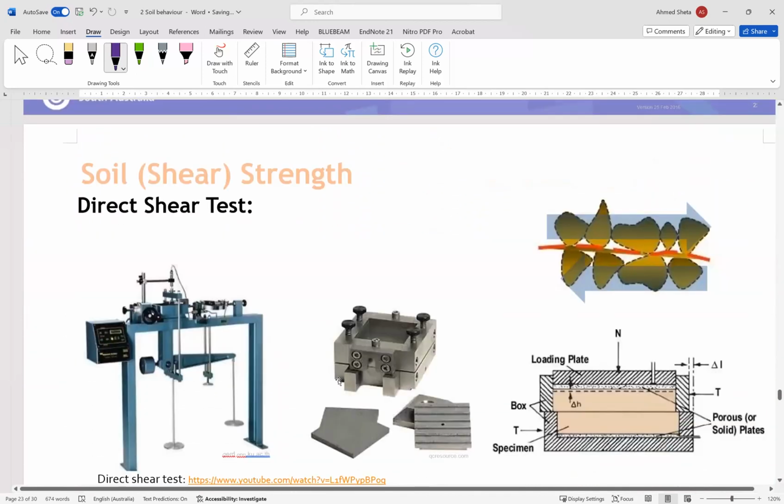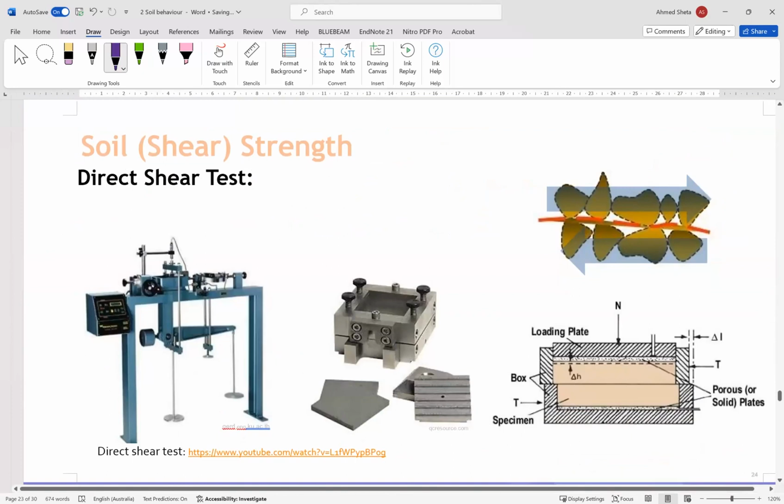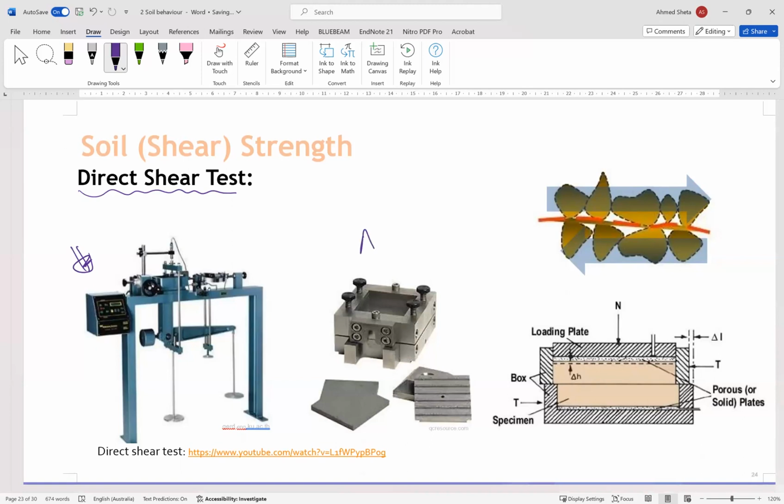And here are some of the tests that are used for calculating shear strength. We have the direct shear test, and this is the machine used for that.